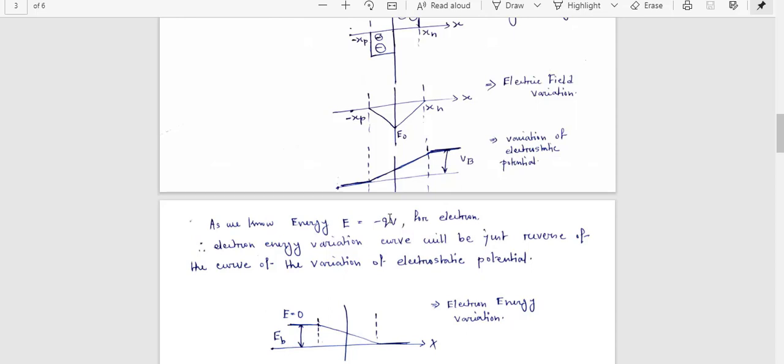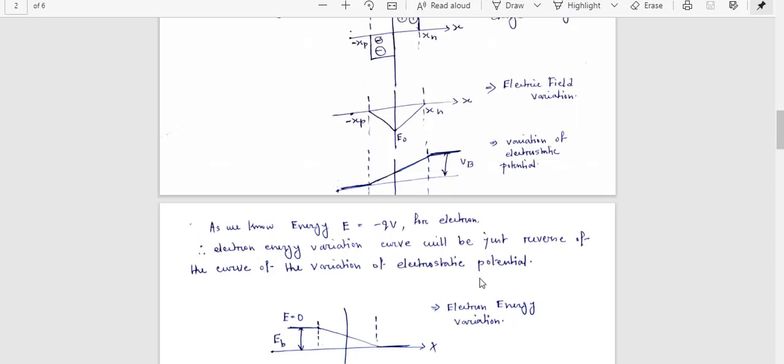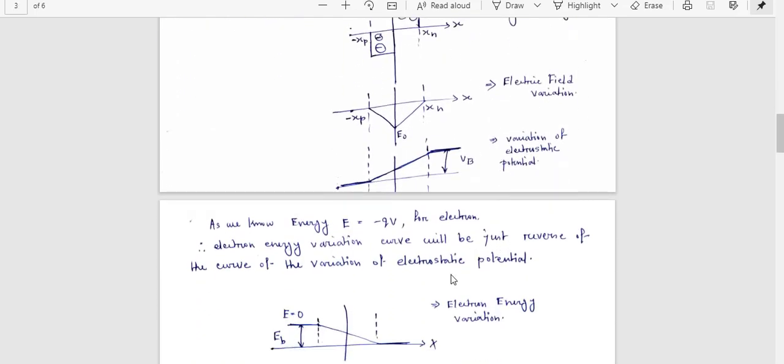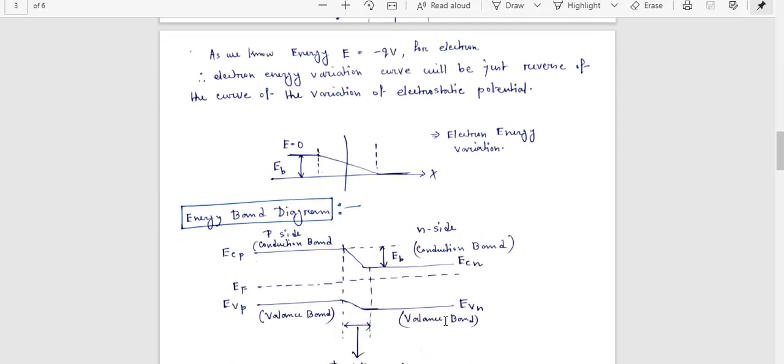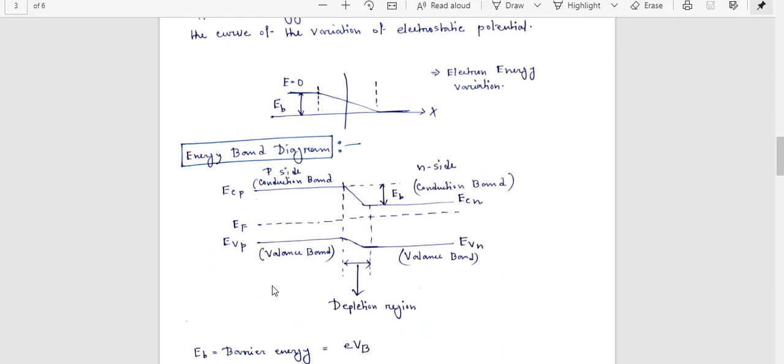So the voltage is just opposite of this energy. So the energy variation of this depletion region is just reverse of the variation of electrostatic potential, which is shown here. And this is the basic energy band diagram for P-N junction.